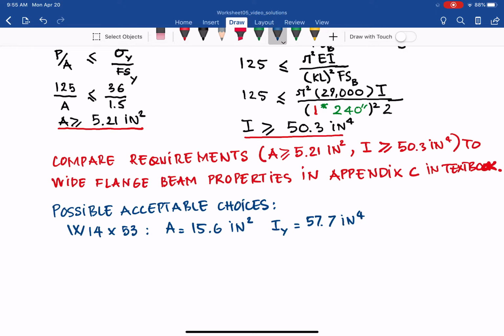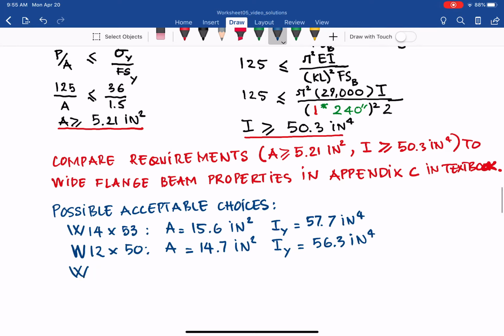And if I use W12 by 50, the area will be 14.7 inch square, and the IY for that cross section is 56.3 inch^4.